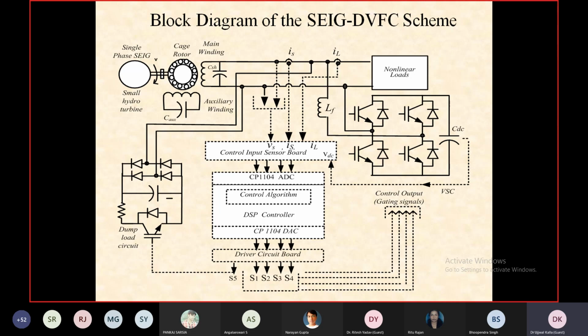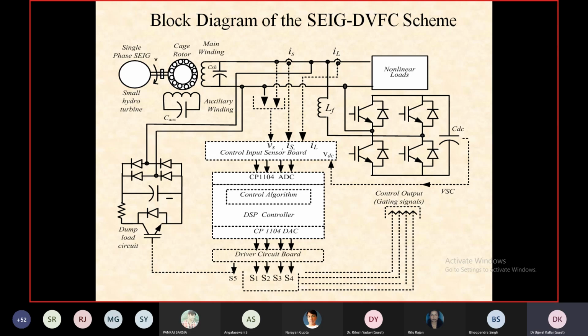How much magnitude of fifth harmonic is required? How much magnitude of seventh harmonic is required? The equal amount of harmonic currents are generated by this voltage source converter and directly fed to the load. Therefore, that nonlinear load will not demand any harmonic current from the source.